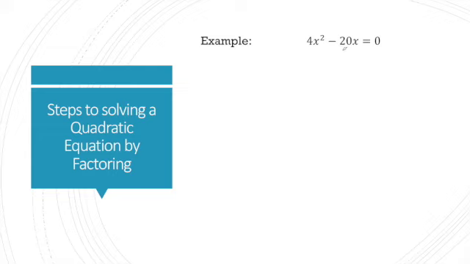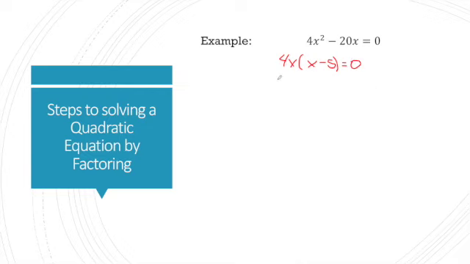So what is the greatest common factor of 4x squared and negative 20x? Well, the greatest common factor of 4 and 20 is definitely going to be 4. And since I have an x squared and an x, the greatest common factor is going to be x. So this leaves me with 4x times x minus 5 equals 0.